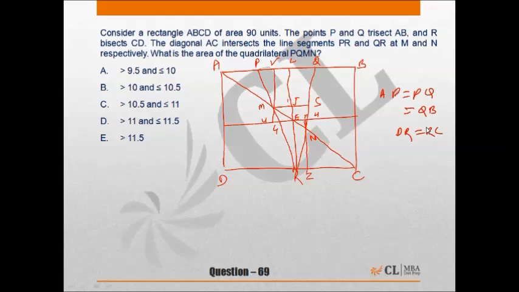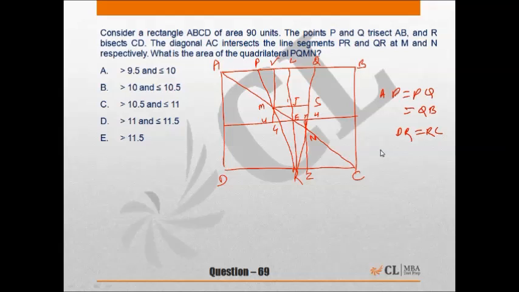The diagonal AC intersects the line segments PR and QR at M and N respectively. This is point M, which is the point of intersection of line AC and PR, and point N is the point of intersection of QR and AC, and we have to find the area of quadrilateral PQNM.